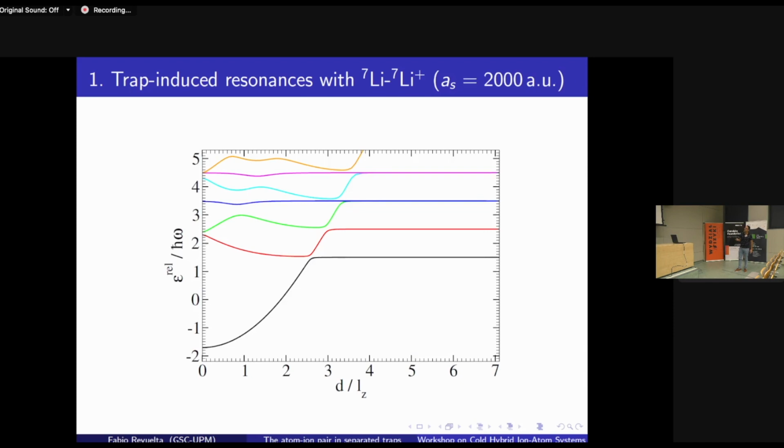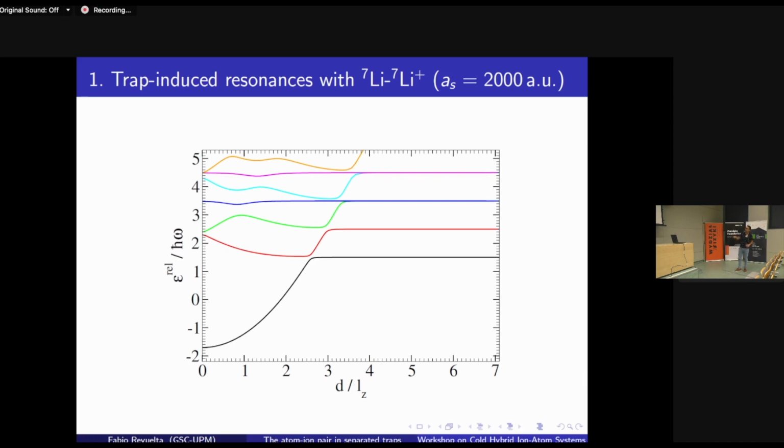For example, this is the relative energy as a function of the separation distance. So when the 2 traps are very separated, we get the energies for the harmonic oscillator, right? Which are the ones that appear here. And when they come close, then the 2 particles start to interact, right? And here we have two different families of states.